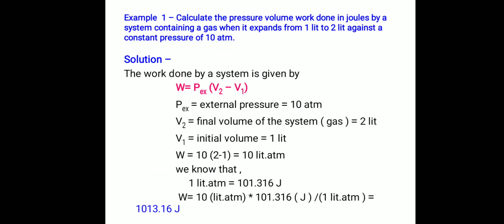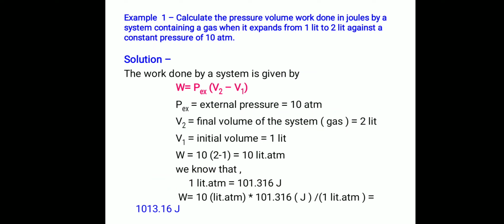In the first example, it is given: calculate the pressure volume work done in joules by a system containing a gas when it expands from 1 liter to 2 liter against a constant pressure of 10 atmosphere. It means we have to calculate the pressure volume work done. The unit is given in terms of joules only.